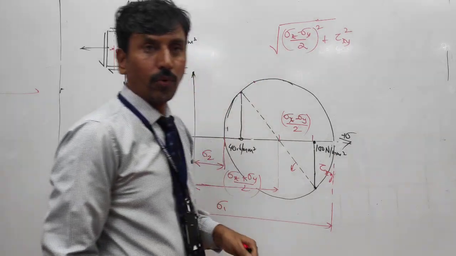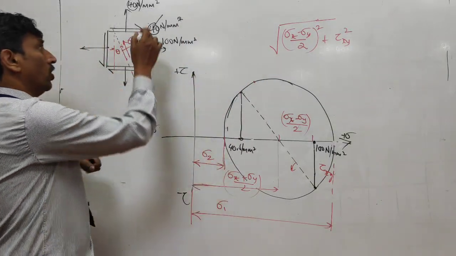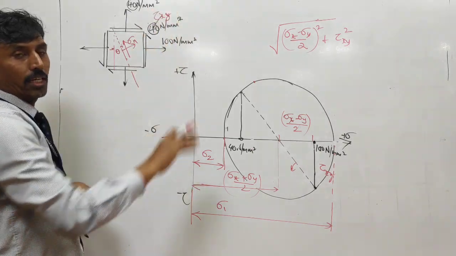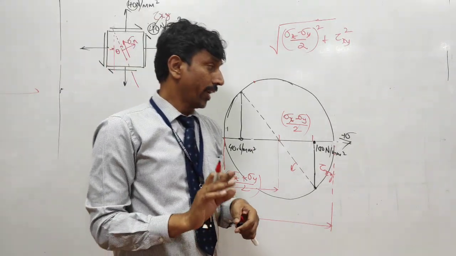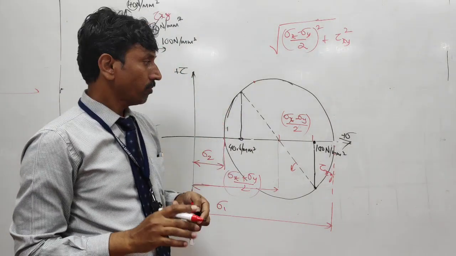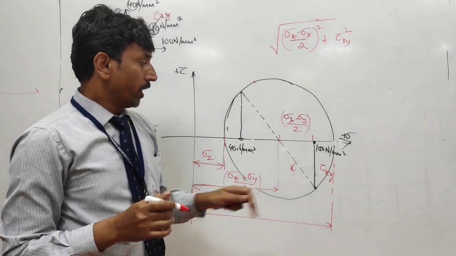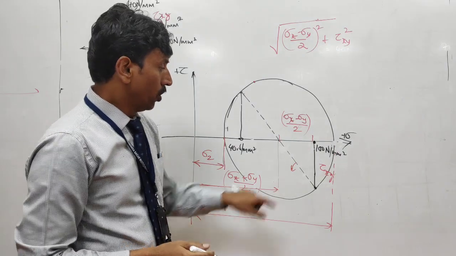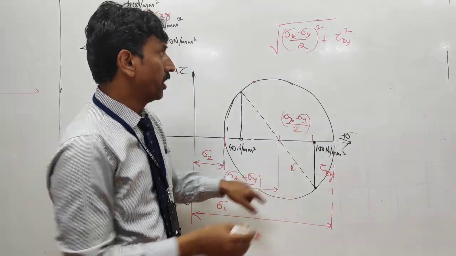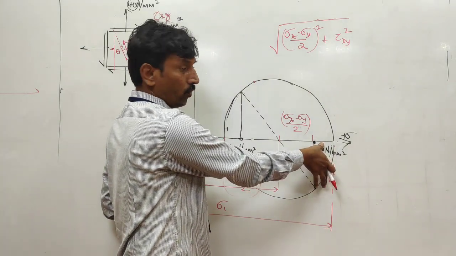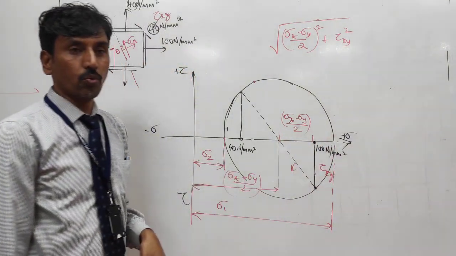They write it as tau xy, which refers to shear stress in the xy plane. So you should definitely know that this is nothing but the root of this side square and this side square.